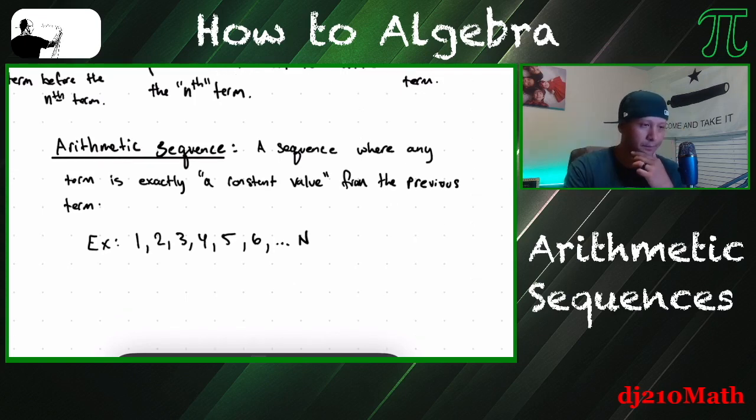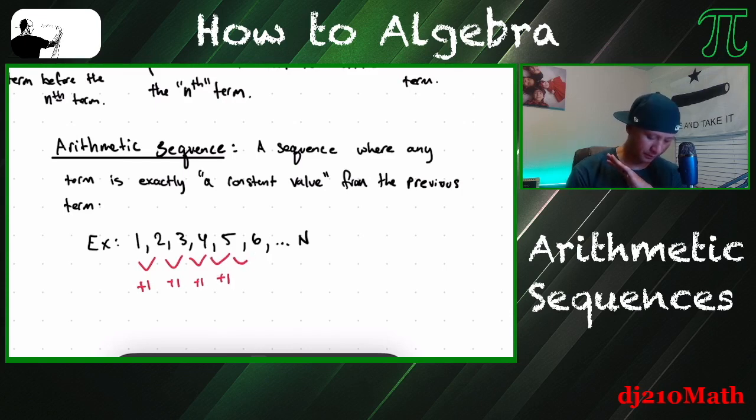Every term in the list is exactly one number away from the previous number. 2 is 1 plus 1. 3 is 2 plus 1.